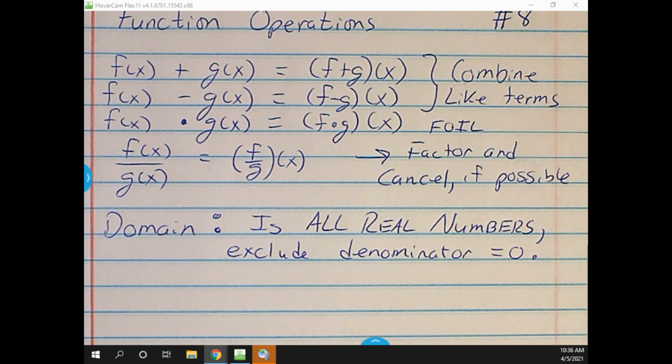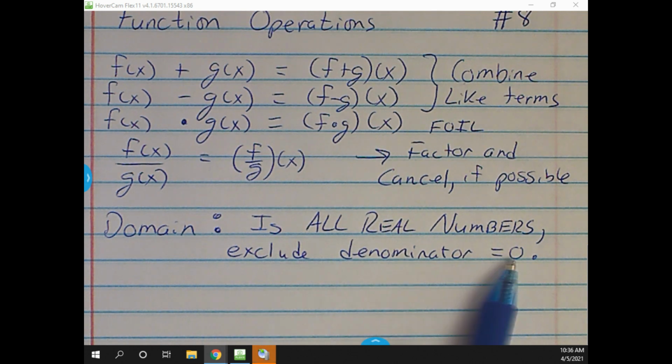Okay, so your default answer is going to be, when they talk about domain, your default answer is all real numbers. The only time you have to say anything else is that if you have a denominator, you set that equal to 0. If there is no denominator, then you have no exclusions.